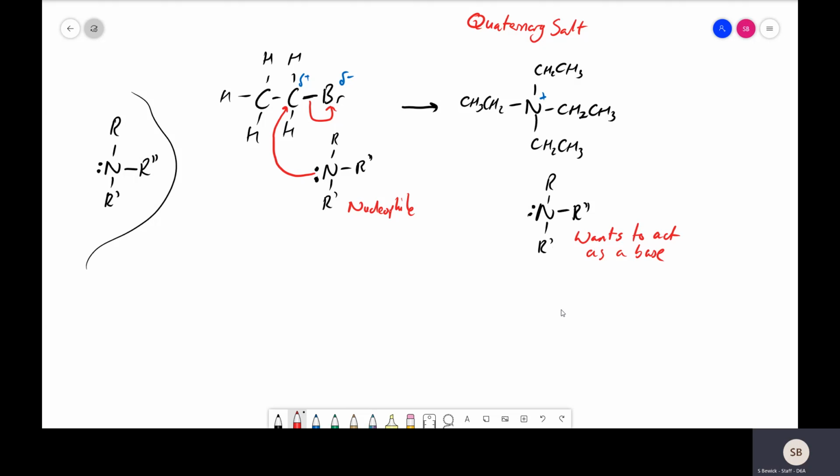It wants to get one of the hydrogens attached to the nitrogen. But look what happens. It can't. Because there's no H on the nitrogen. So therefore, when you get to this step of the further substitutions, you cannot do the second step. It can't act as a base.